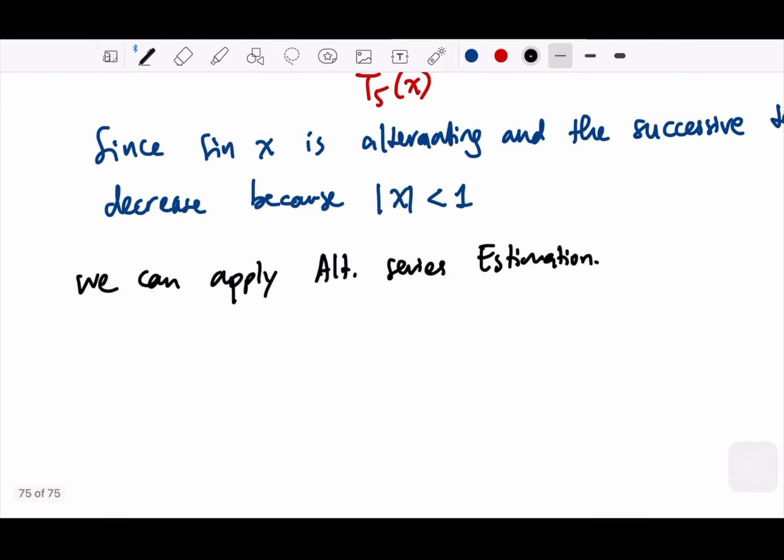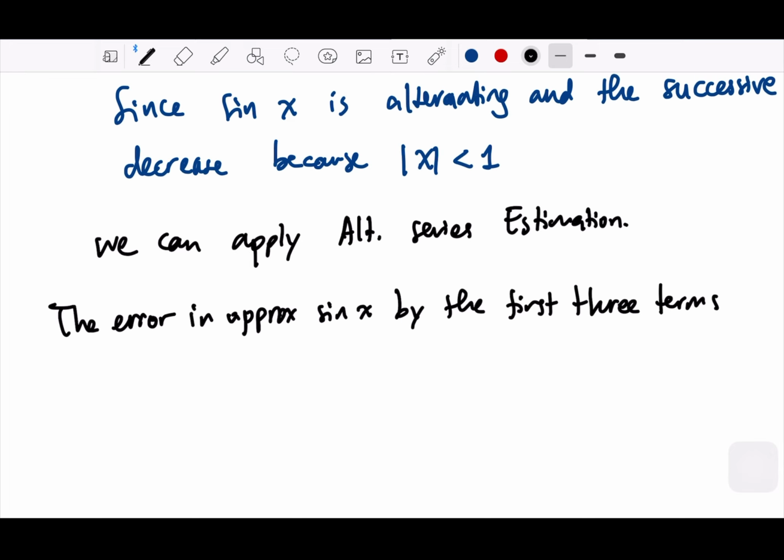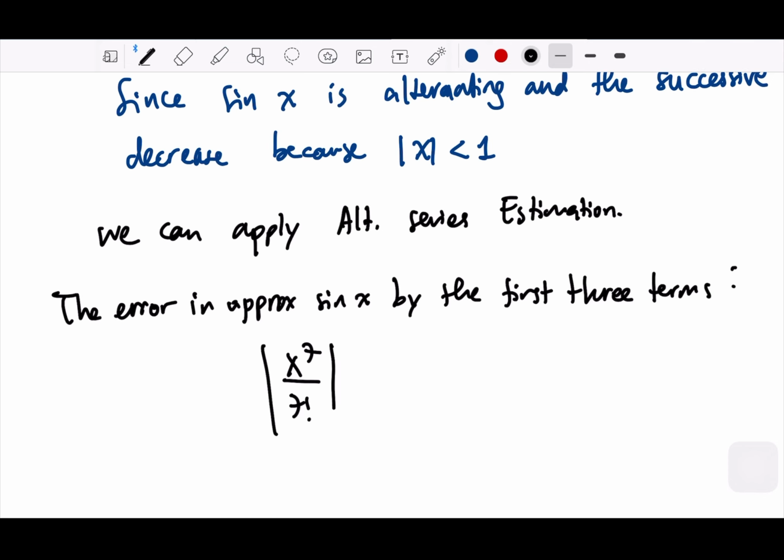So the error in approximating sin x by the first three terms is the next term, which is x to the 7 over 7 factorial. And 7 factorial is 5040.